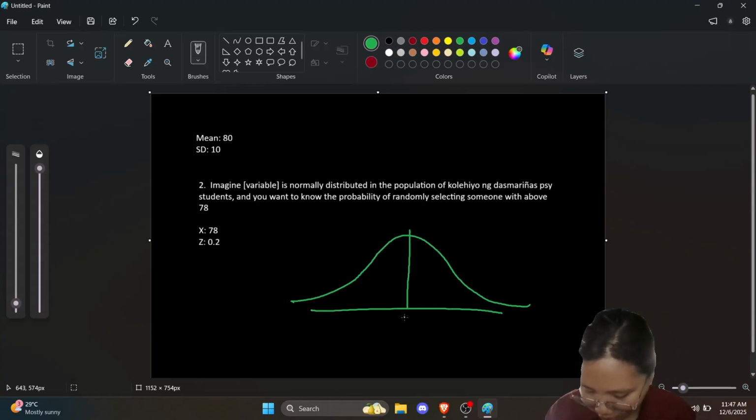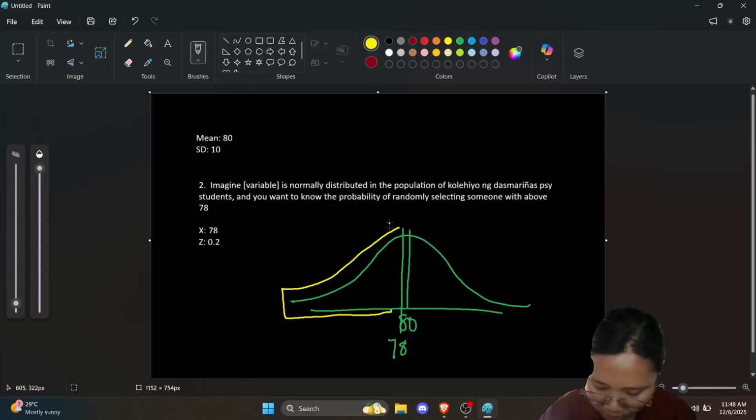If we were to plot this in a bell curve, this is what it would look like. This is our mean, and this is our data point, 78. Once again, our body is below, which is this area.